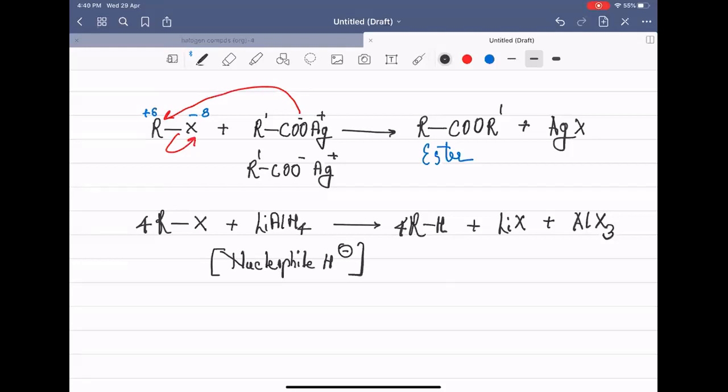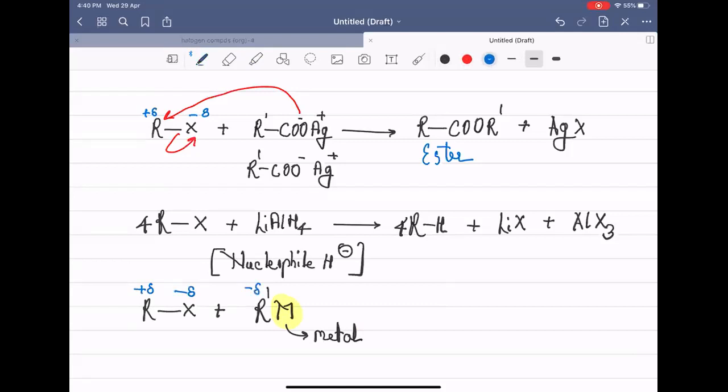And you may even have RX reacting with R dash M, where M can be a metal. Here, this is plus and minus, but when an alkyl group is with a metal, it is minus. It is nucleophilic.